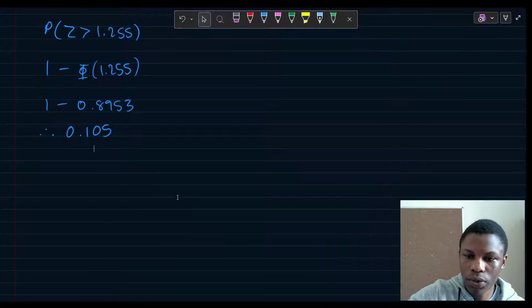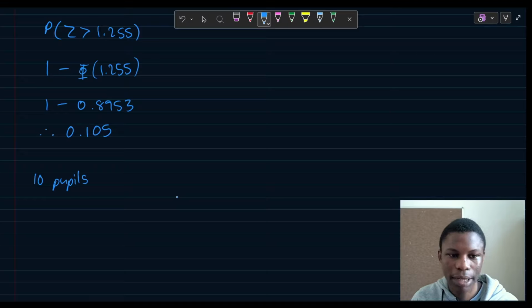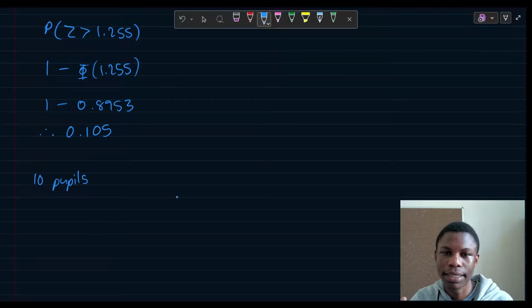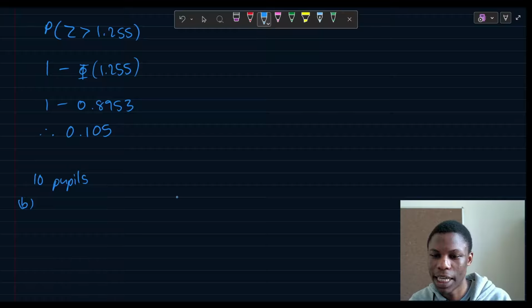Now we are told that a random sample of 10 pupils, most of the time when you see a random sample of this many things chosen, it's a binomial distribution. A random sample of 10 pupils from this school is now chosen. And then part B says find the probability that not more than 2 pupils have music lessons.